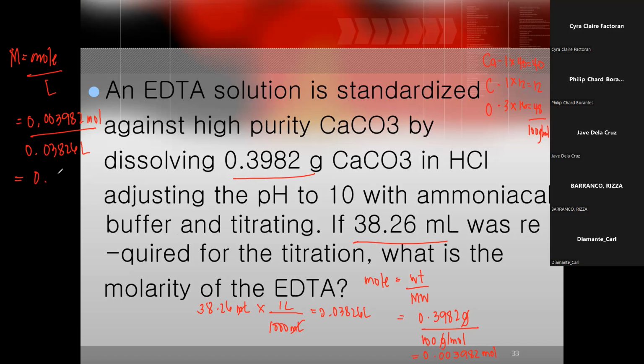Let me round this off na automatically to 2 decimal places. 0.10 moles per liter or 0.10 capital letter M. So that is now the molarity of our ENTA. Sige, so tama, 0.10.